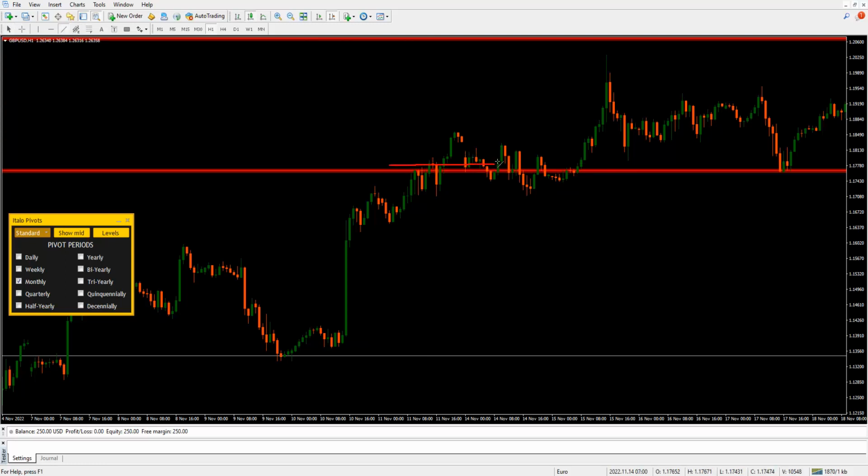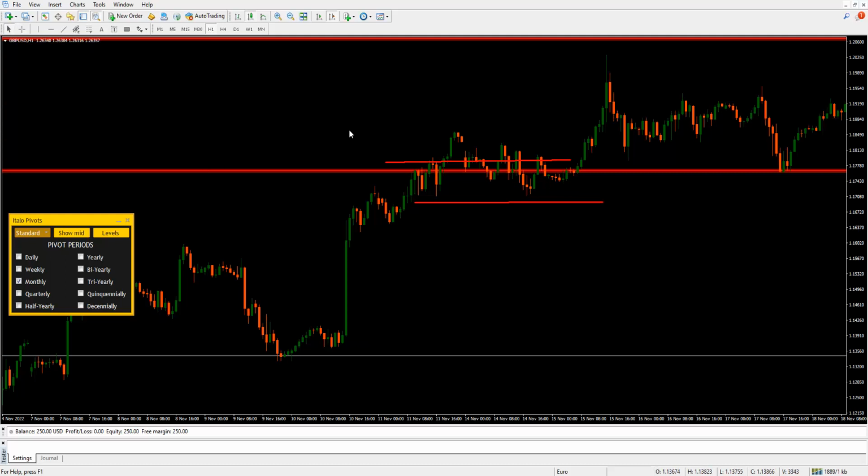Here I will buy, stop loss below the last low right here. Now the take profit is different. Why? Because here we're trying to take a trend following trade, a huge movement upwards.